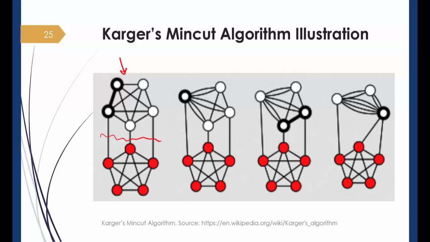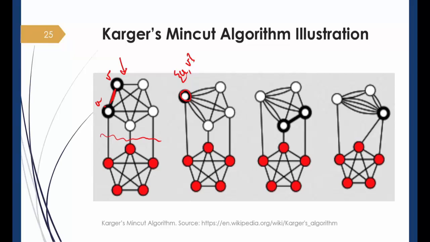So, let us see how that works. There are several edges. The algorithm picks one of these edges uniformly at random. So here the edge that is picked is this one, and it is connecting two vertices we call u and v. Now this edge has to be contracted, and we get a super node that includes both u and v.